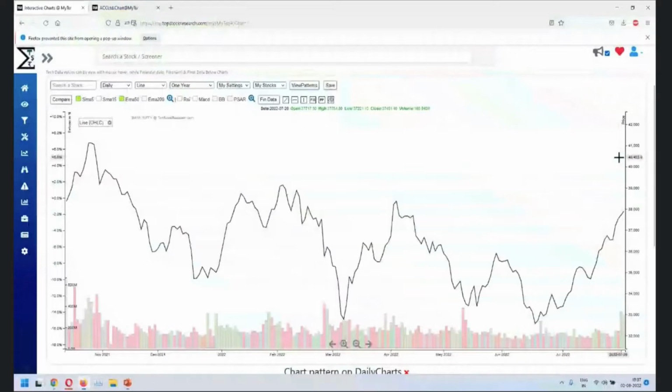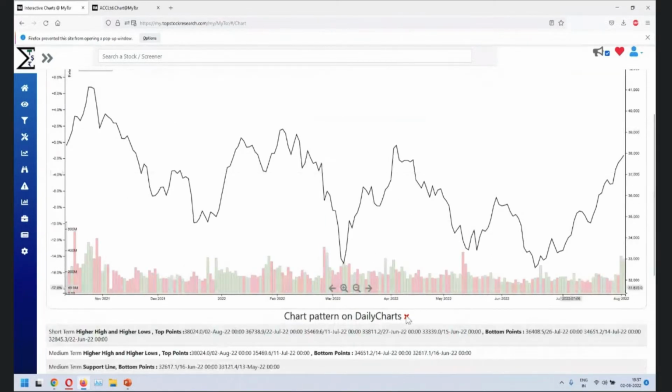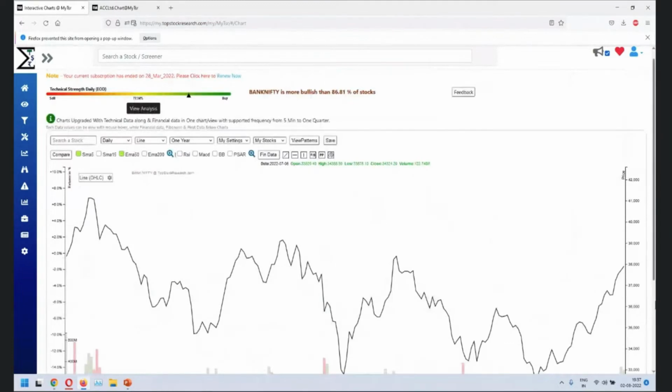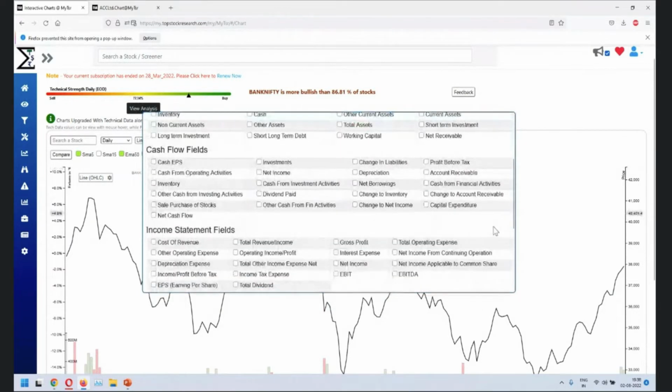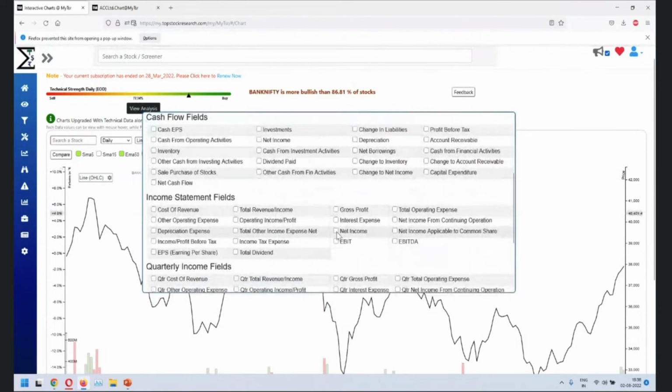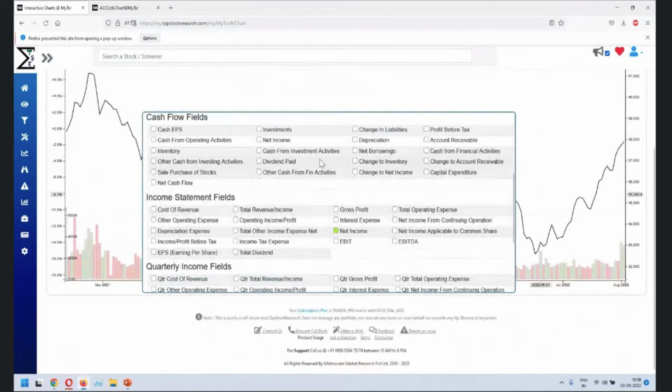View fundamental data. Now, this is something which we are working on a lot more in the coming days. There are not too many systems which will give you technical and fundamental view together. We try to give that. If you look at the fundamental data, for example, net income, click on net income. Sorry, net income is not there.